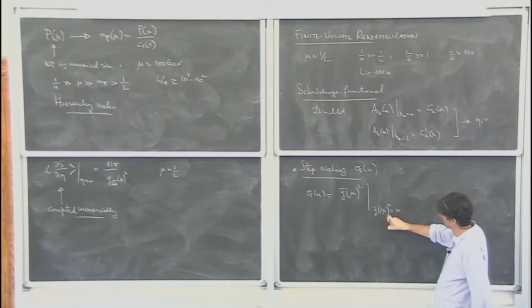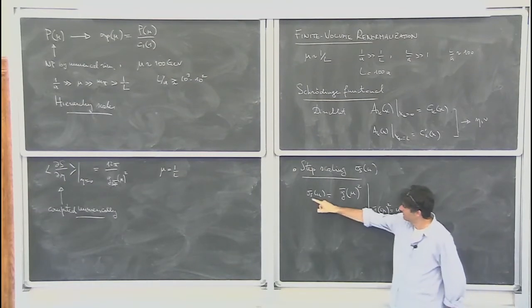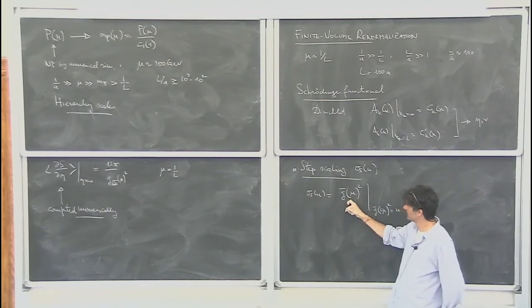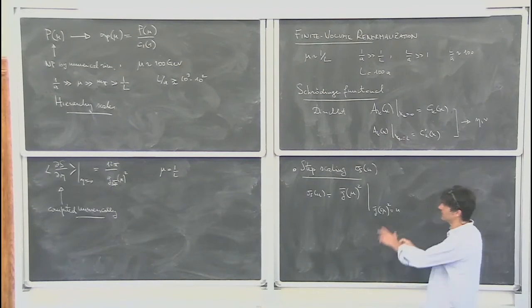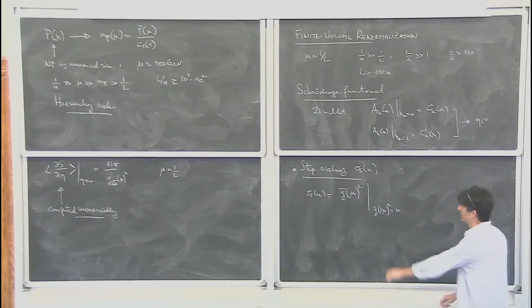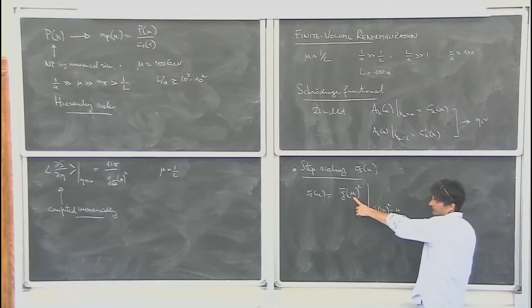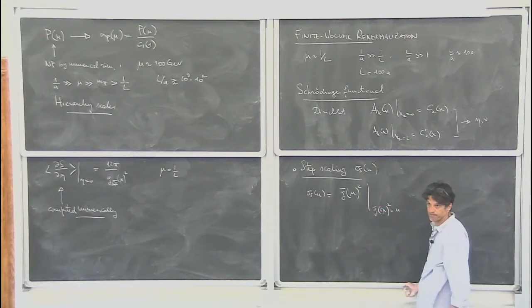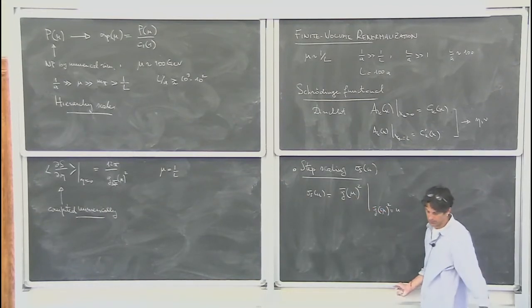Okay? So if you know the value of the coupling at a scale s times mu, and you call it u, sigma_s of u is the value of the coupling at a smaller scale. Okay? So this is like the evolution of the coupling from a scale s mu to a scale mu. Yeah? It's like an integrated beta function.